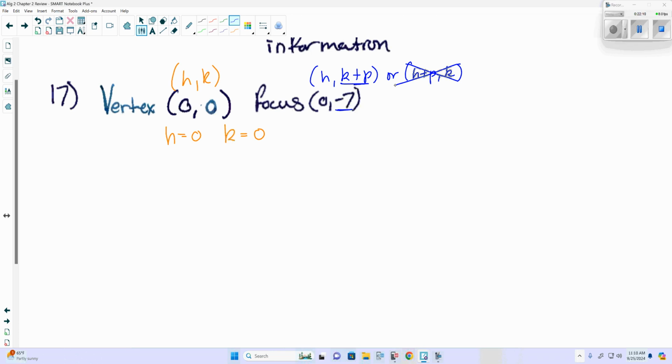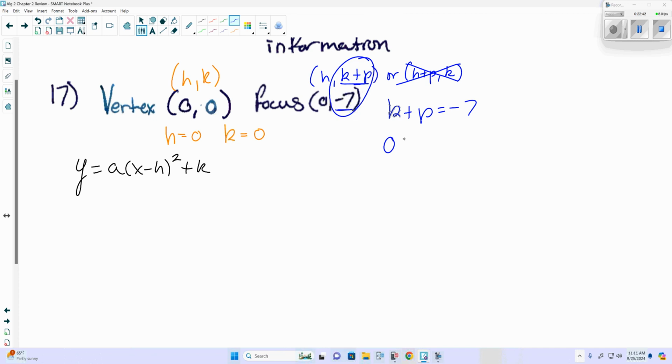Which is nice because now I can go back to the general forms. And we do know what P is. And see which one of the two equations had H, comma, K plus P. Well, that's our Y equals A times X minus H squared plus K. It also tells us, because we need to find P in order to find A, that our K plus P is -7.